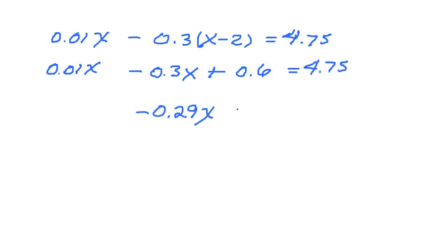And then we'll want to take this 0.6 over to the right hand side, so we have 4.75 minus 0.6. So we'll rewrite this again. And 4.75 minus 0.6 is 4.15.